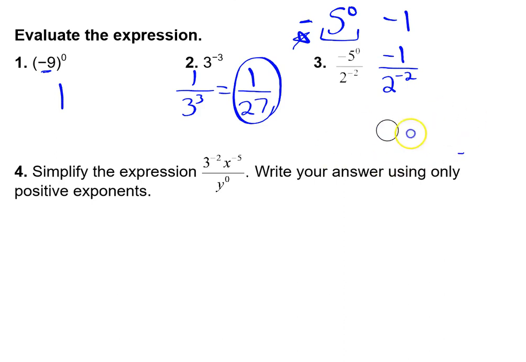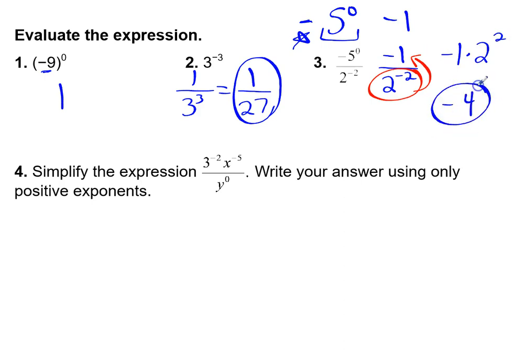Coming back to number 3, we still have something with a negative exponent, that 2 to the negative 2. Since it has a negative exponent, we're going to move that up to the top. We still have negative 1 on top, so negative 1 times 2 squared. 2 squared is 4, so negative 4.